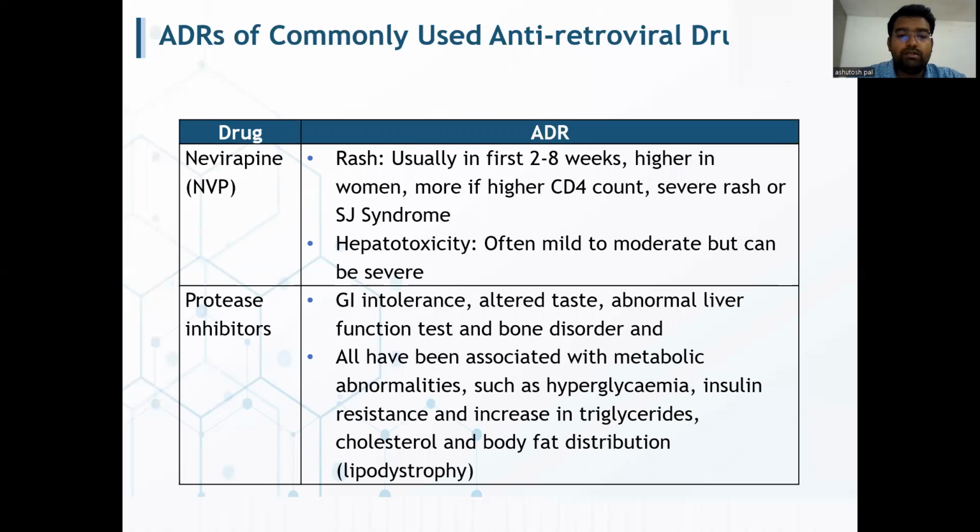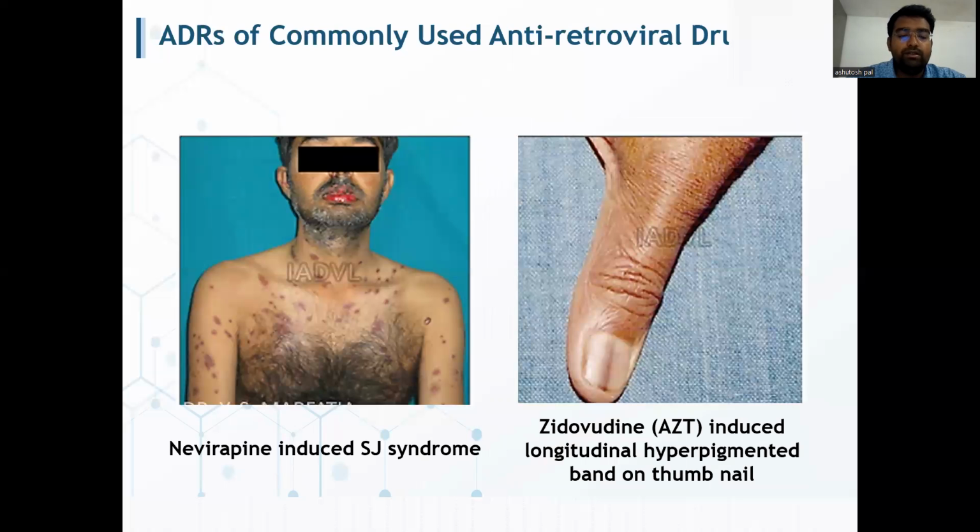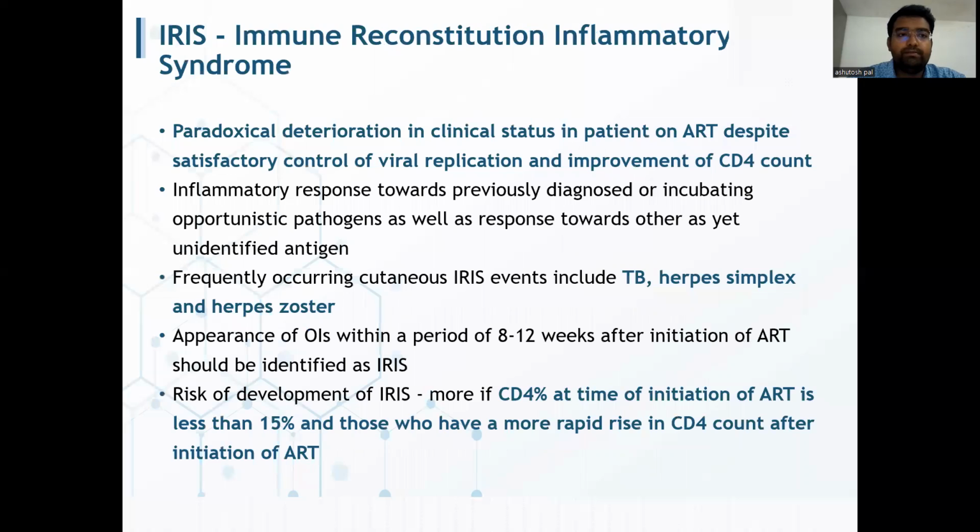All have been associated with metabolic abnormalities such as hyperglycemia, insulin resistance, increase in triglycerides and cholesterol, and body fat redistribution or lipodystrophy. Nevirapine-induced SJS and zidovudine-induced longitudinal hyperpigmented band in the thumbnail.